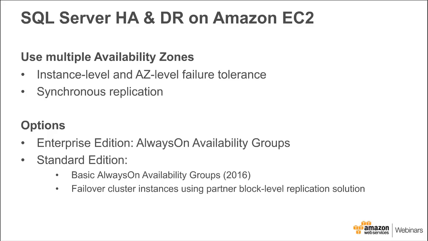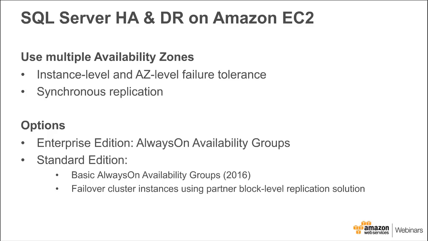Now, the options you have with SQL Server on EC2 for high availability depend on the edition. For Enterprise Edition, the recommended solution is to leverage Always On availability groups. For Standard Edition, the options are a bit more limited.